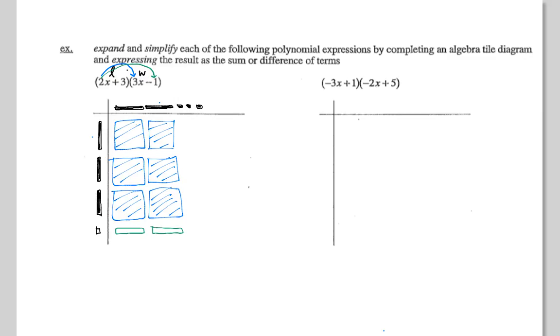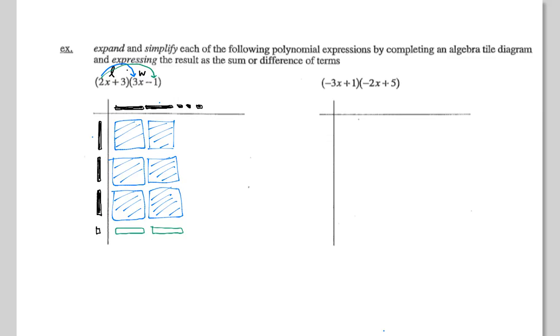So 2 horizontal bars get multiplied by 1 unshaded unit. So it's that bar times that unit, that bar times that unit, and you got 2 bars unshaded. Do you agree that that's the same as what you get from 2x times negative 1? So that's 2 of the sections.